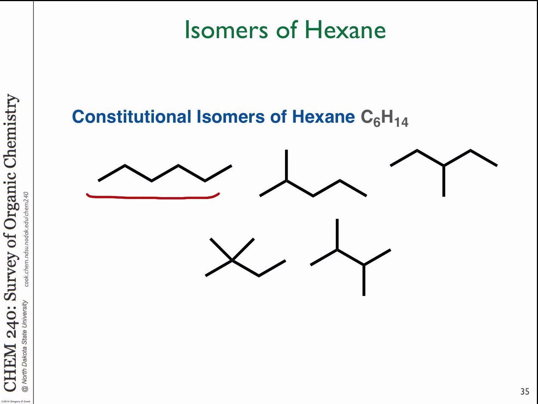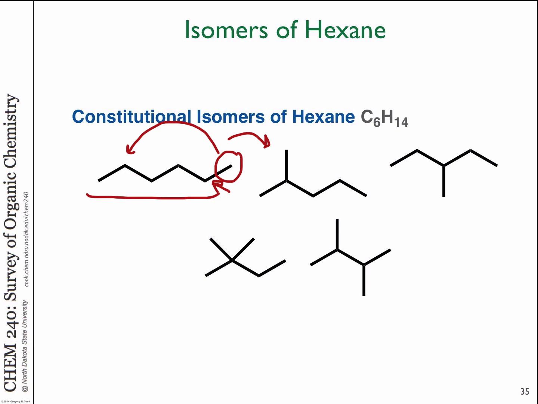If you were to imagine taking the CH3 off of the end and putting it onto the second carbon, taking one of those hydrogens and switching it, so hydrogen goes to the end, the CH3 goes to the middle, that would give you the second molecule.